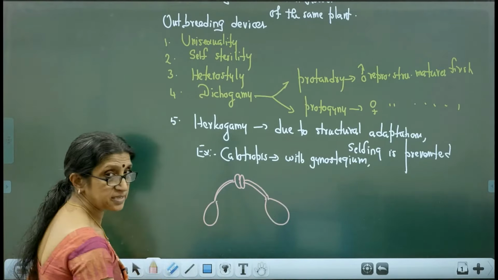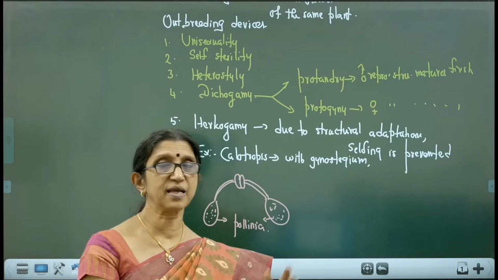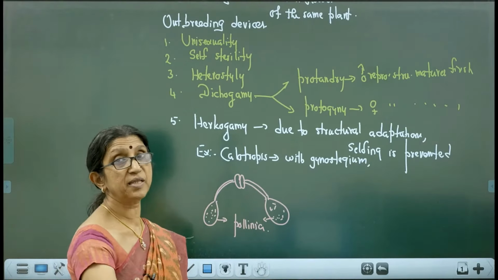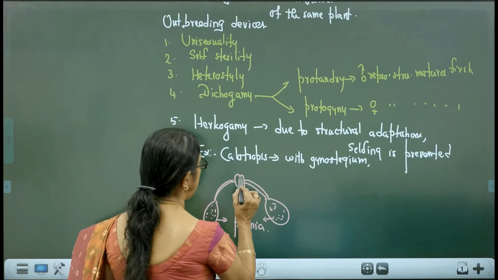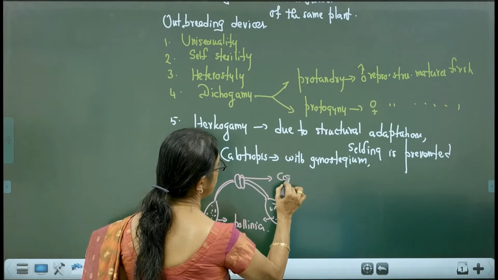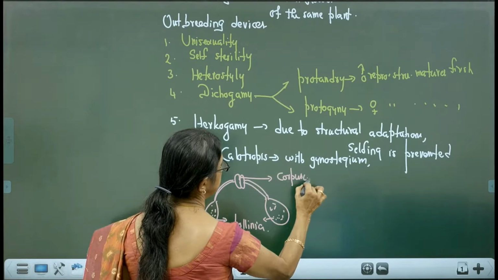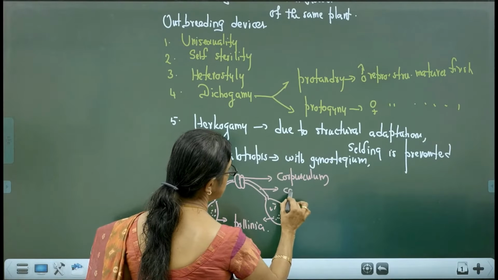All pollen grains of each anther lobe will fuse together to form a common sac-like structure, pollinium, that is singular, and together it is called pollinia. And a sticky structure we can see, that is corpusculum. The small, tail-like structure is called a caudicle.